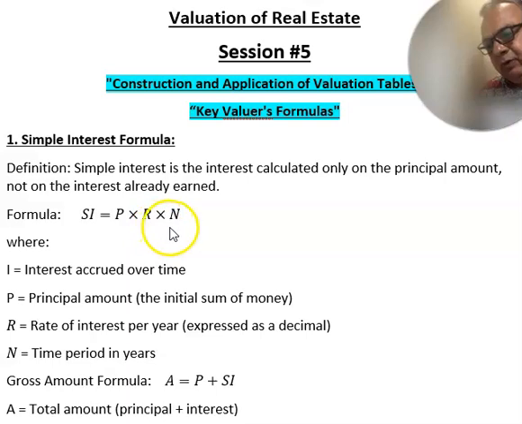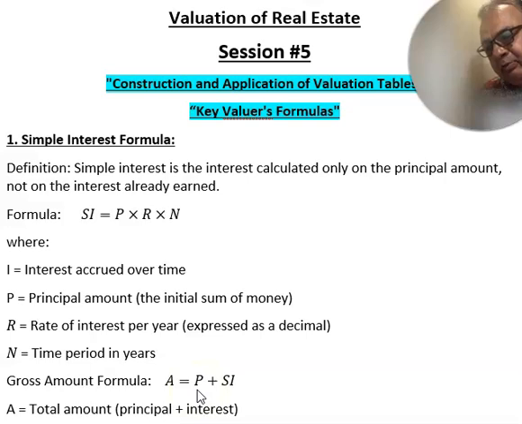From this formula, you will get simple interest of nth year. In this simple interest, if you add principal, then we will get gross amount formula. Gross amount after say 5 years, how much interest will be there. So first we will calculate the simple interest of 5 years.